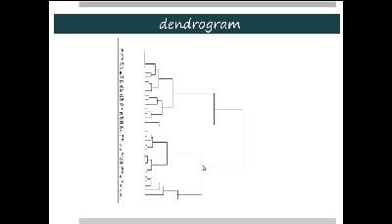To show the hierarchy of the social network, there's a graph called a dendrogram, which can represent the hierarchy of a social network. You can see at the first step, each object is considered as one group, and after an iteration, two objects will combine into one group.